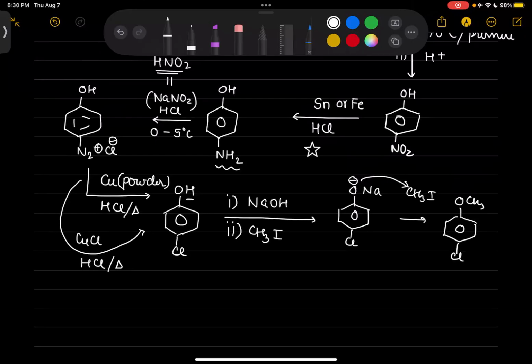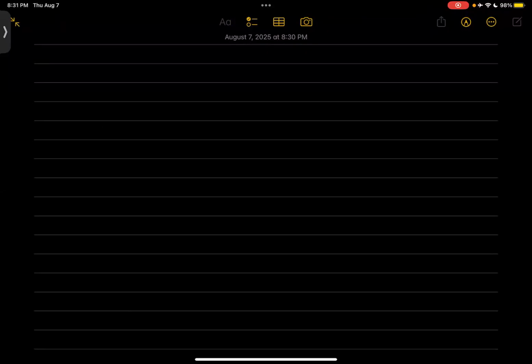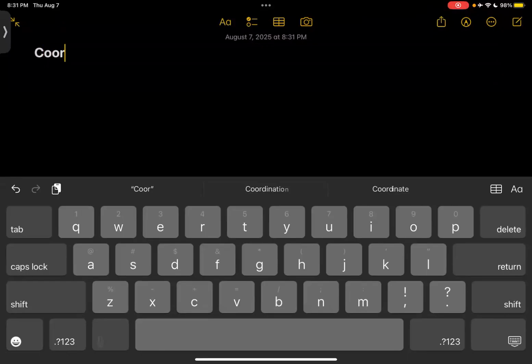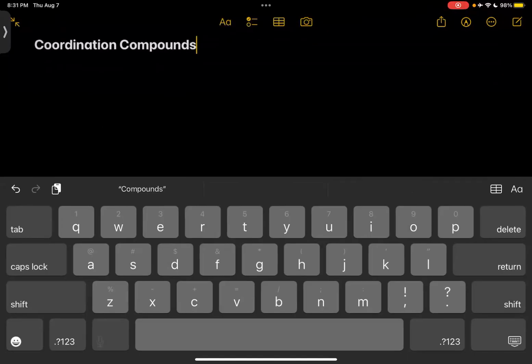Okay. So let me start with the other chapter, that is coordination compounds. First of all, we need to start with the classification of the coordination compounds.